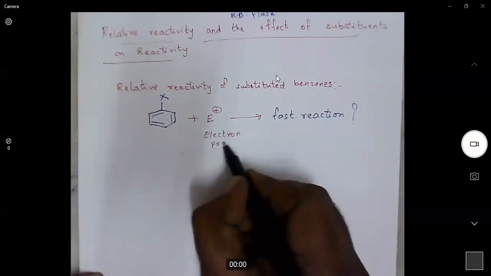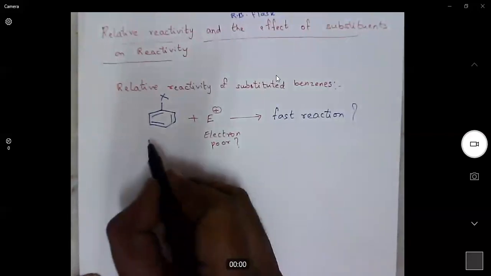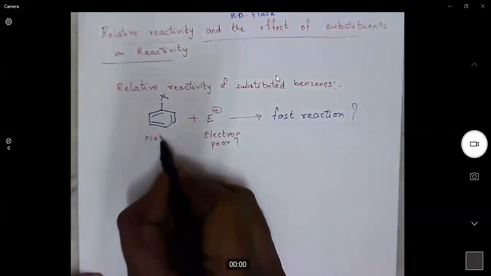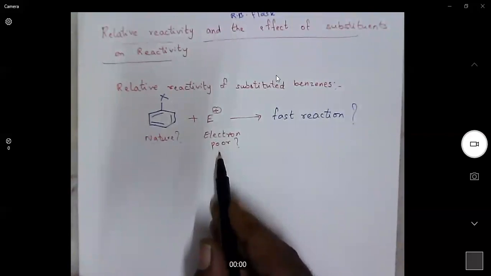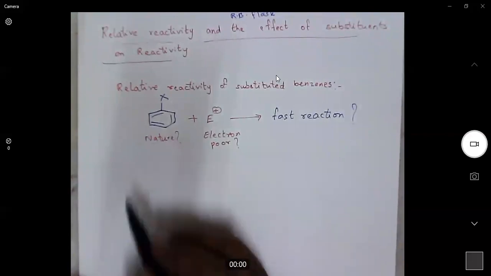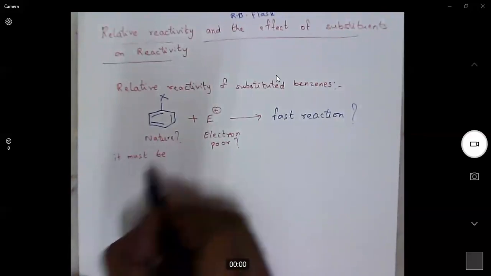Then when we expect a fast reaction based on the nature of this substituent, an electron poor system can easily react with an electron rich system. So it must be an electron rich system.